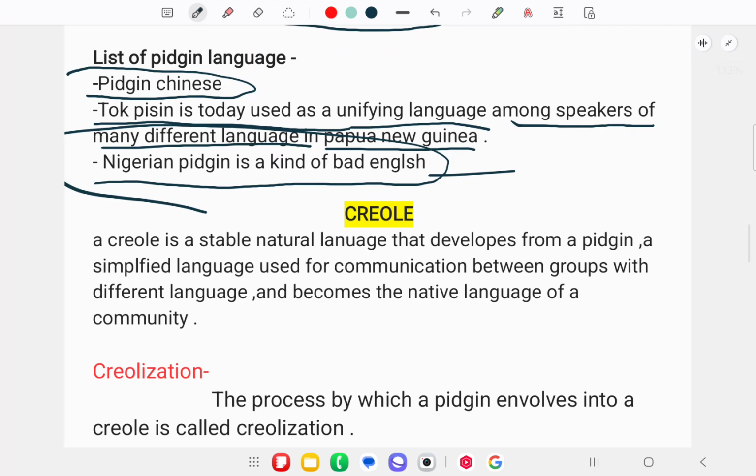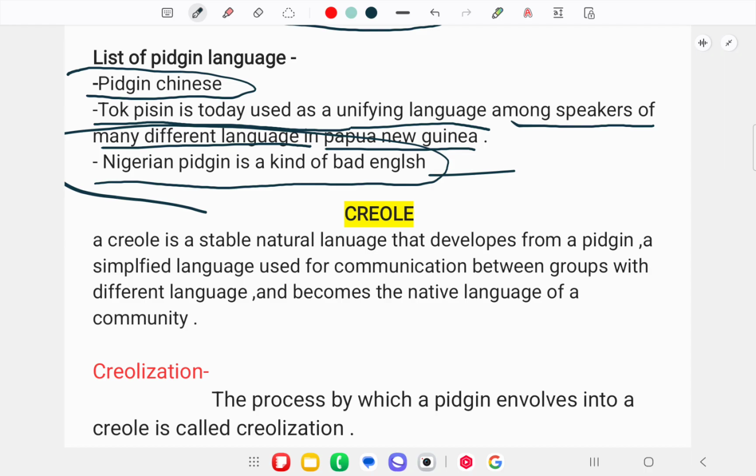Next, we talk about the Creole language. Creole language means that when a pidgin language is used as a native tongue, then this language is known as a Creole language. It means that if you are speaking Hindi as your mother tongue, then Hindi is a Creole language.